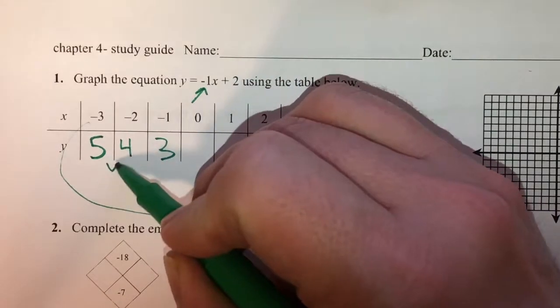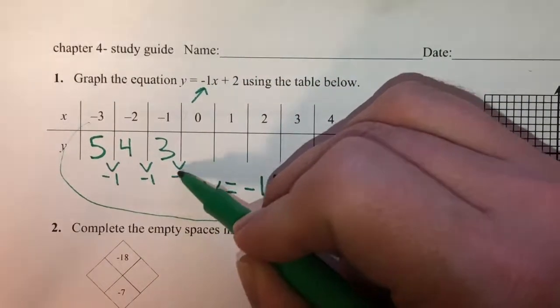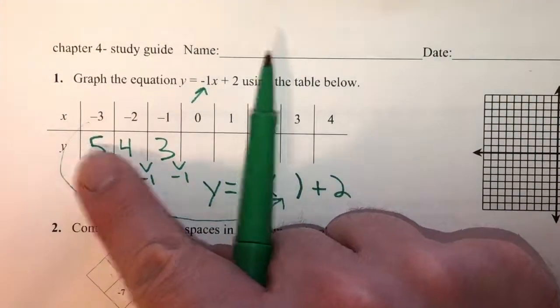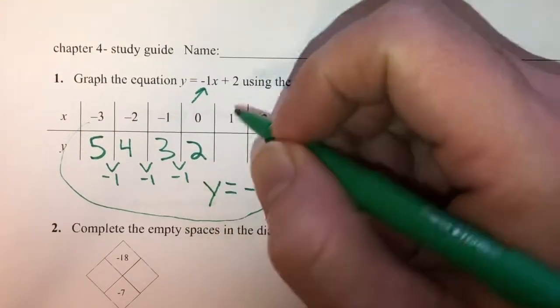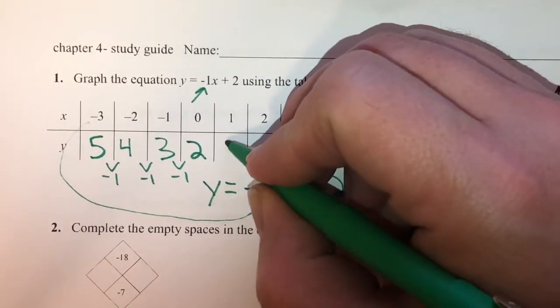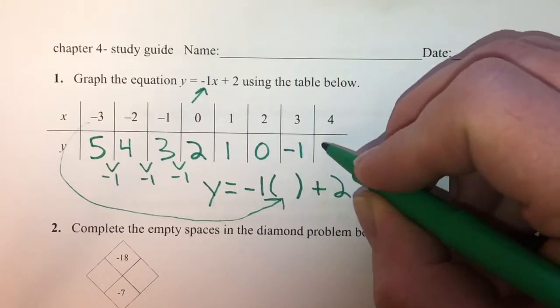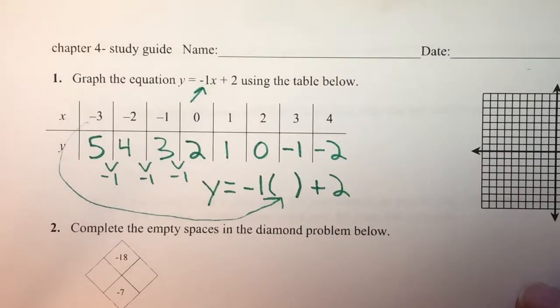So between each of these, you're subtracting 1, and if you notice, that's the same number as our slope up above. So it's going 5, 4, 3, subtracting 1 each time. I just fill this out. 2 minus 1 is 1, 1 minus 1 is 0, 0 minus 1 is -1, -1 minus 1 is -2. So then I have my table all filled out.